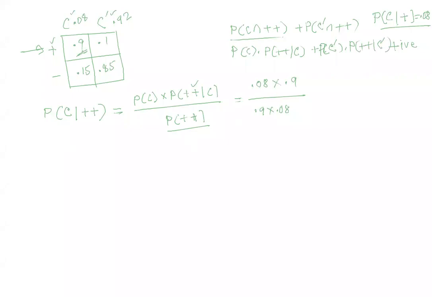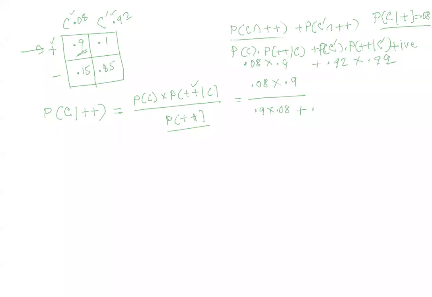And this is 0.08 times 0.9 plus C prime is 0.92 times 0.99. Not 0.99, sorry, 0.92. I just made a slight mistake.